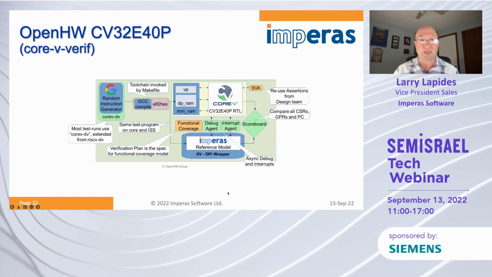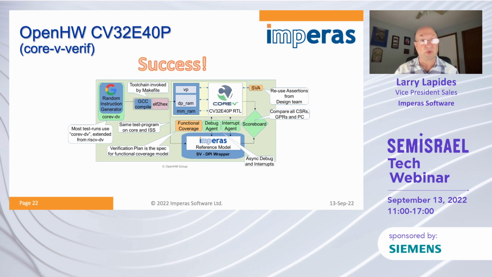And you can see here the random instruction stream generator based on the Google RISC-V DV, the tests going into both the DUT and the reference model, the Imperas reference model here wrapped in SystemVerilog using DPI. There are various agents here, a scoreboard for comparison, and some assertions that are available here.